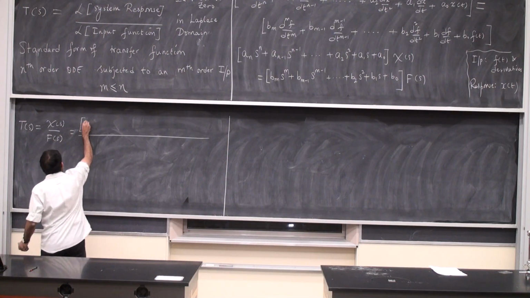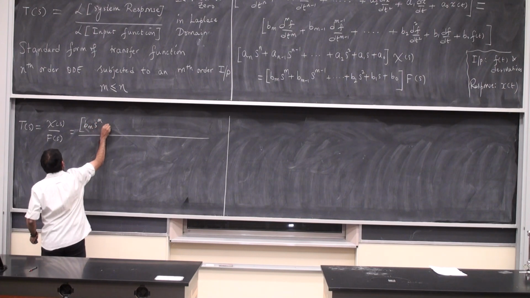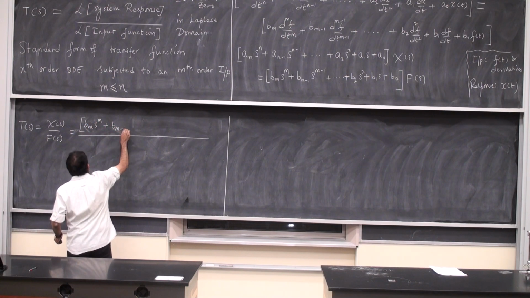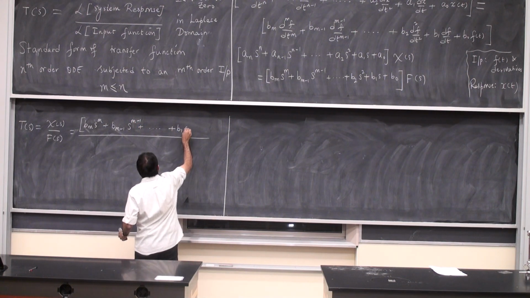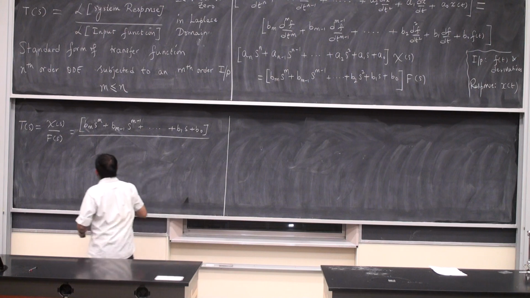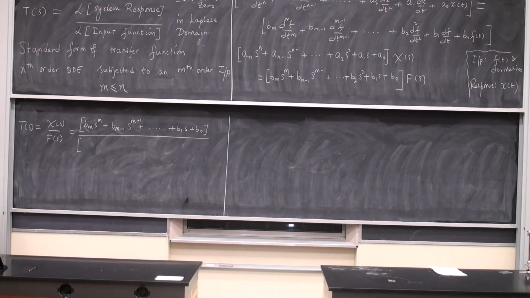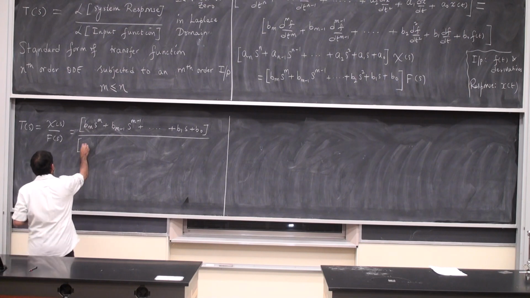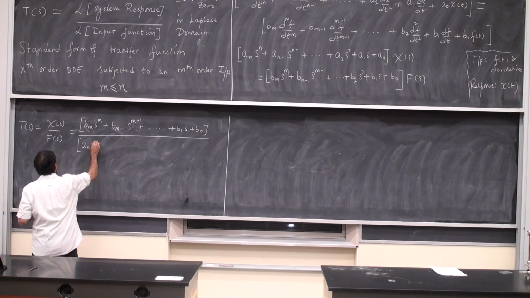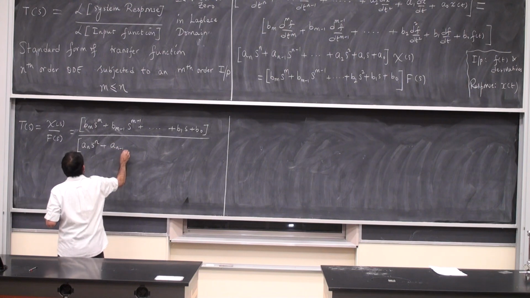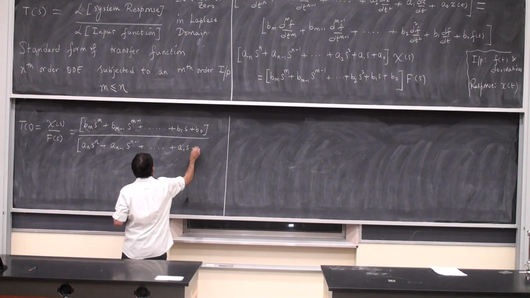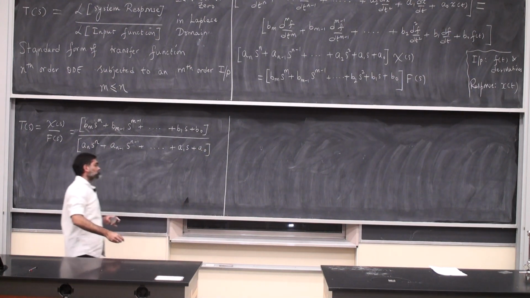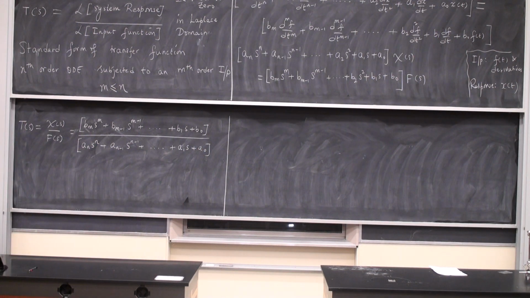So this is Bm s to the power m, minus 1, and then the denominator, which is essentially the characteristic polynomial. So this is An. Any questions so far?